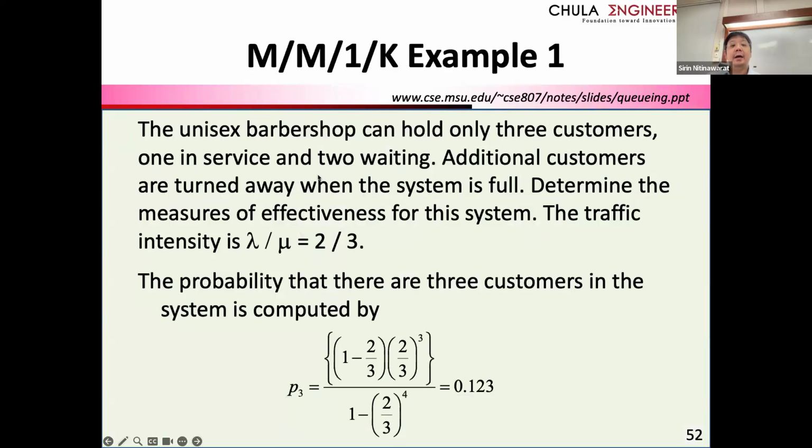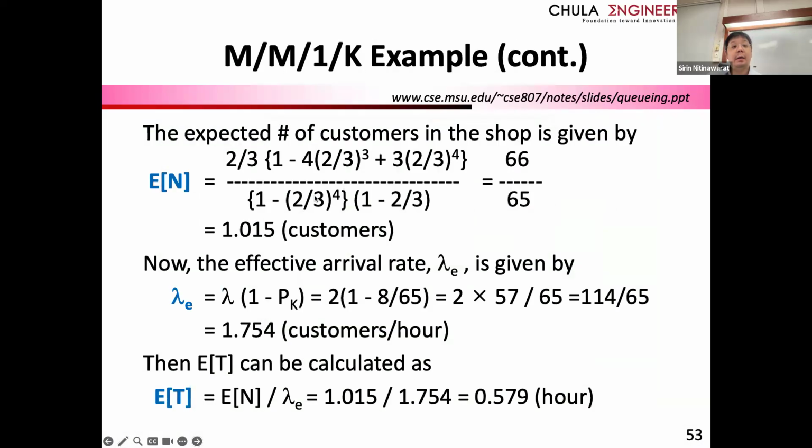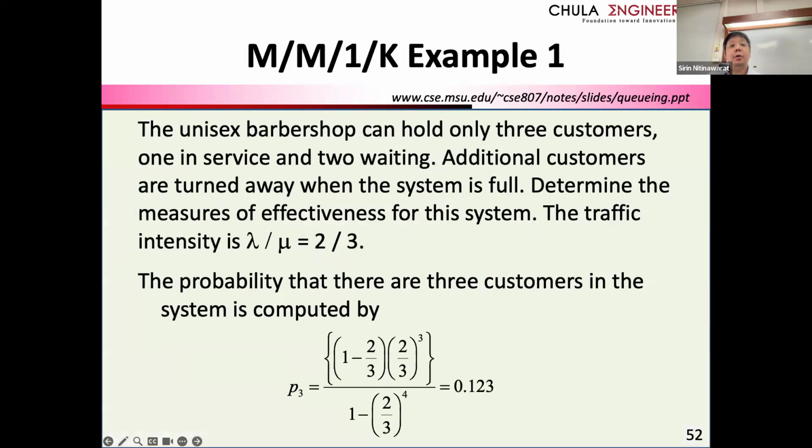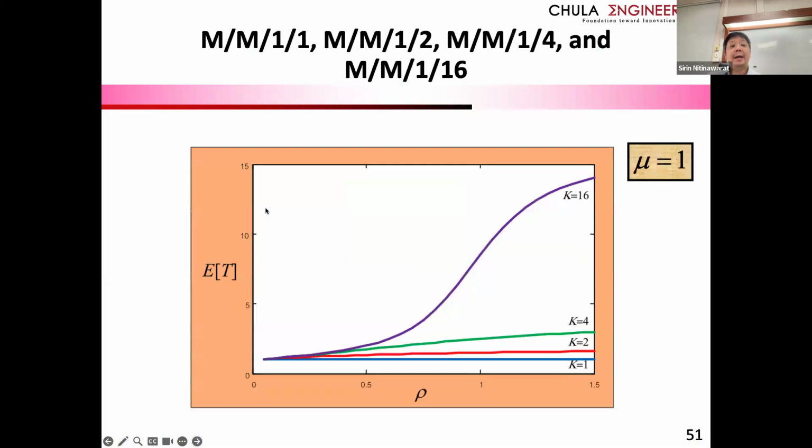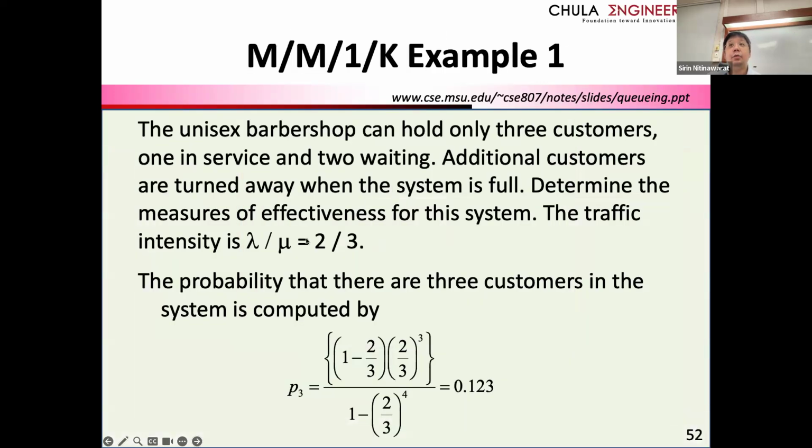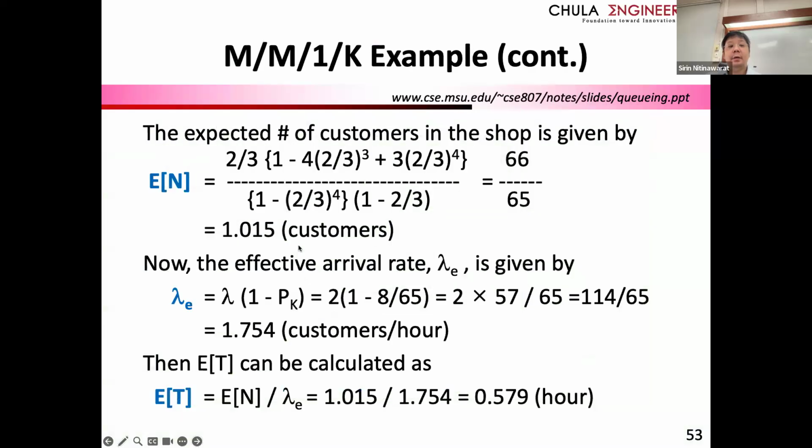Even though lambda is 2, when you discount it with the event that a customer can be rejected, it becomes 1.754.